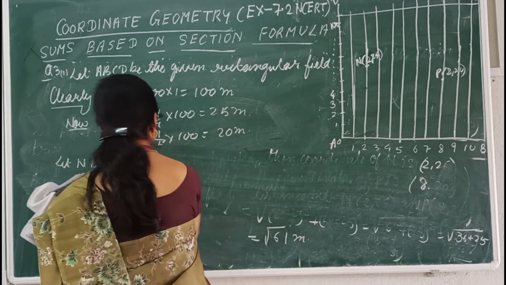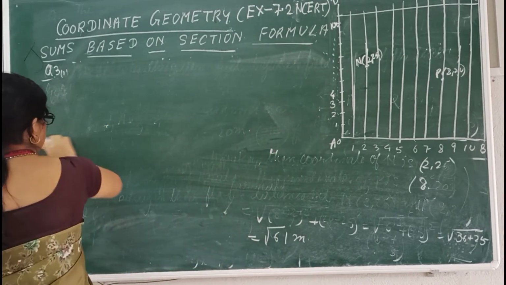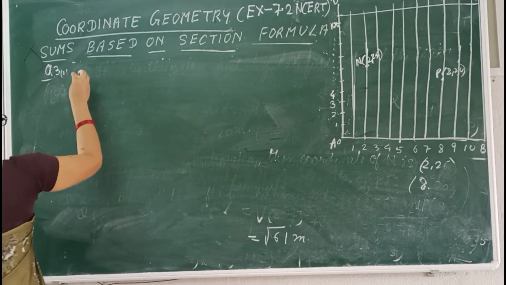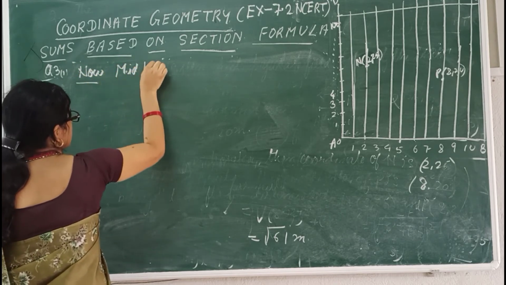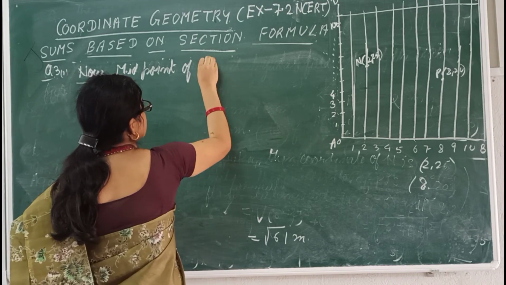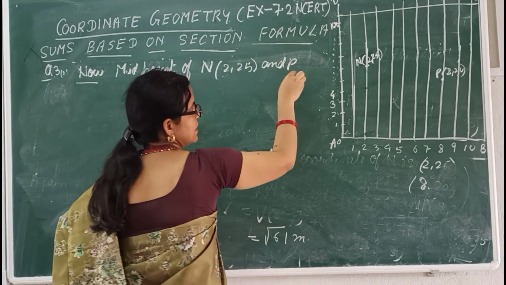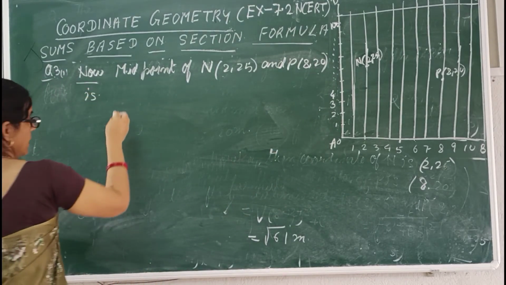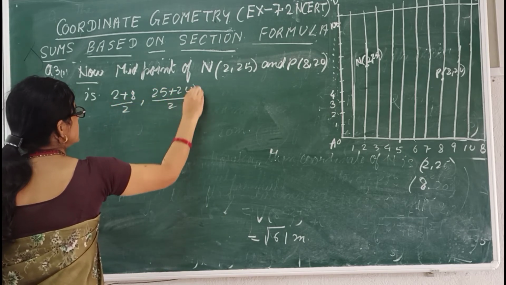Children, remember, what we have to find is the coordinate of the midpoint of these two curves: 2, 25 and 8, 20. The midpoint is (2 + 8)/2 comma (25 + 20)/2.